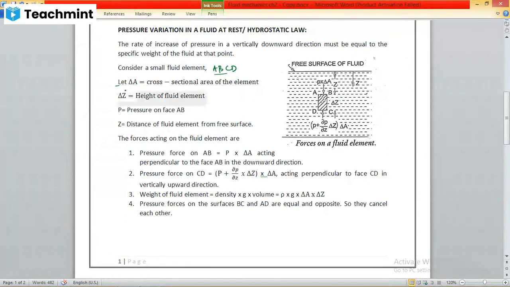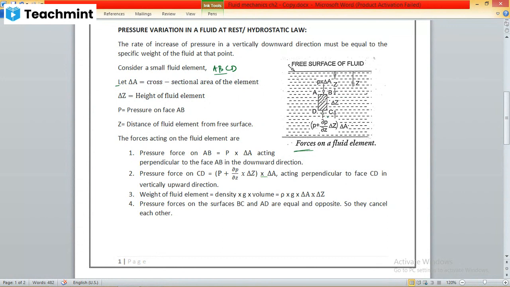So, how will you calculate the pressure variation? For that, we need to calculate the forces that are acting on ABCD. So, what are the forces acting on ABCD? First is the pressure force acting on the face AB vertically downward, and the pressure force acting on the face CD which is vertically upward.